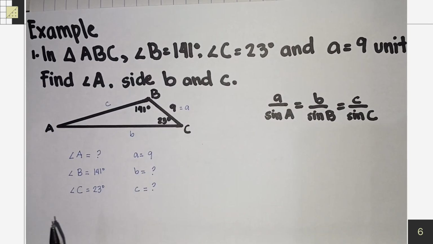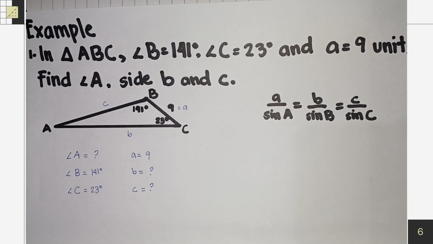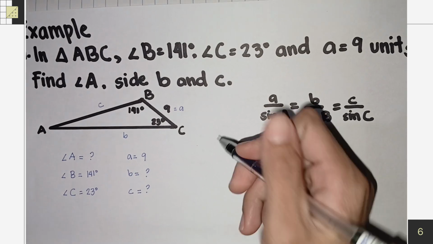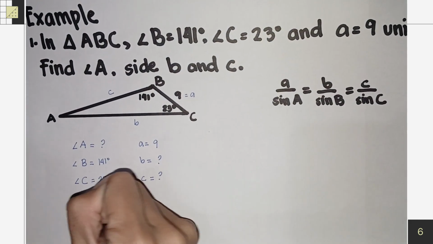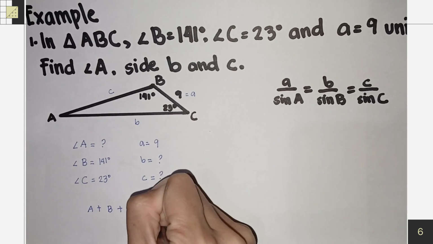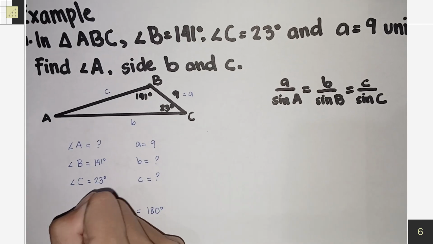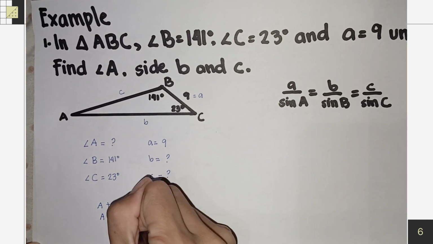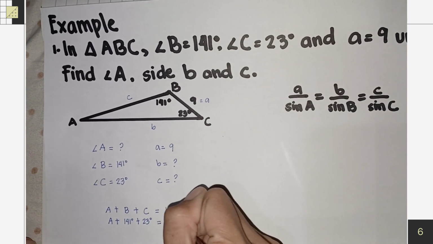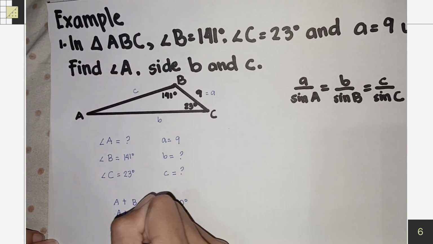Let's begin with solving the angle. We can use this formula: A plus B plus C is equal to 180 degrees. Then simplify: A plus 141 degrees plus 23 degrees is equal to 180 degrees.